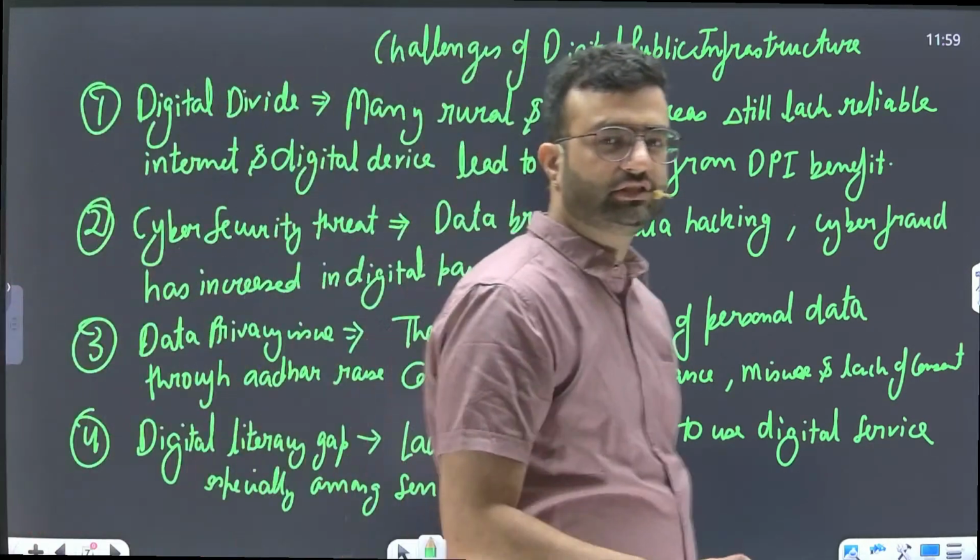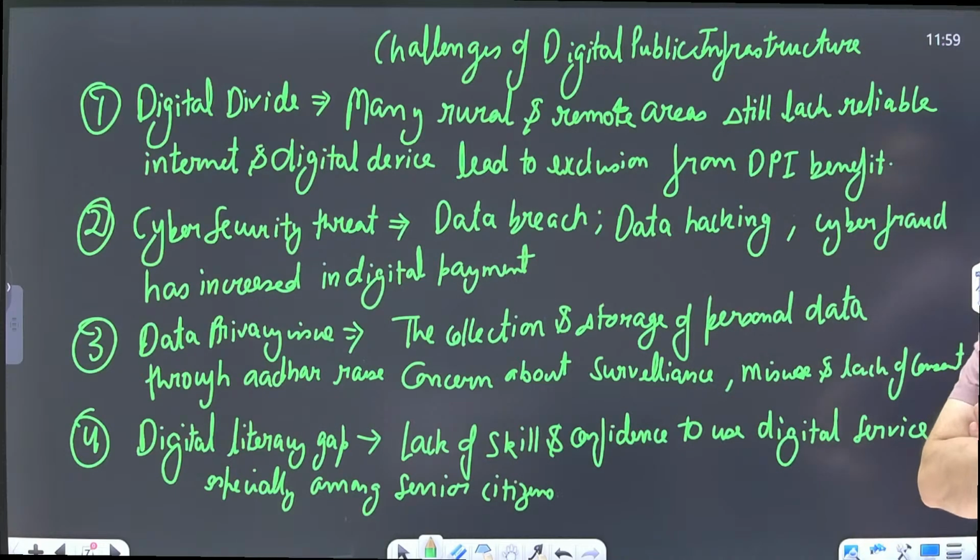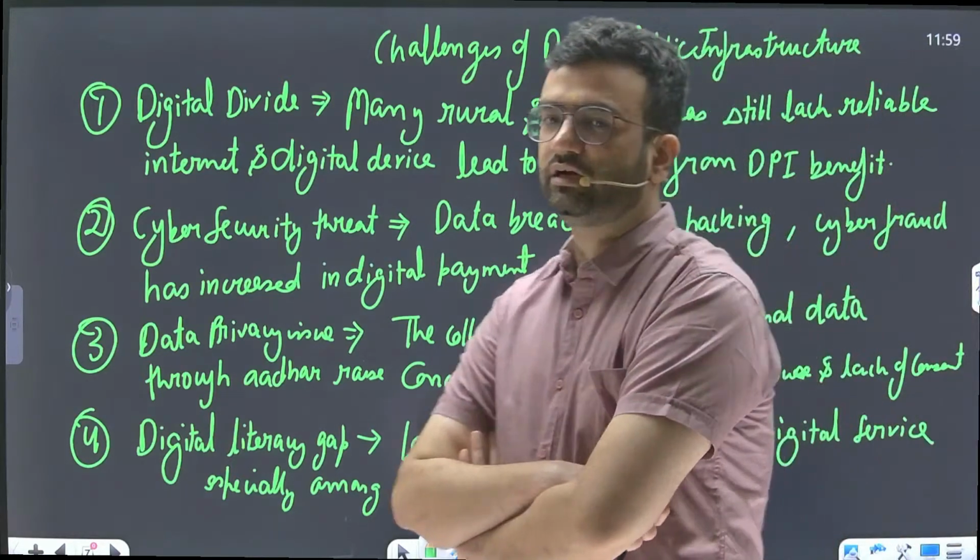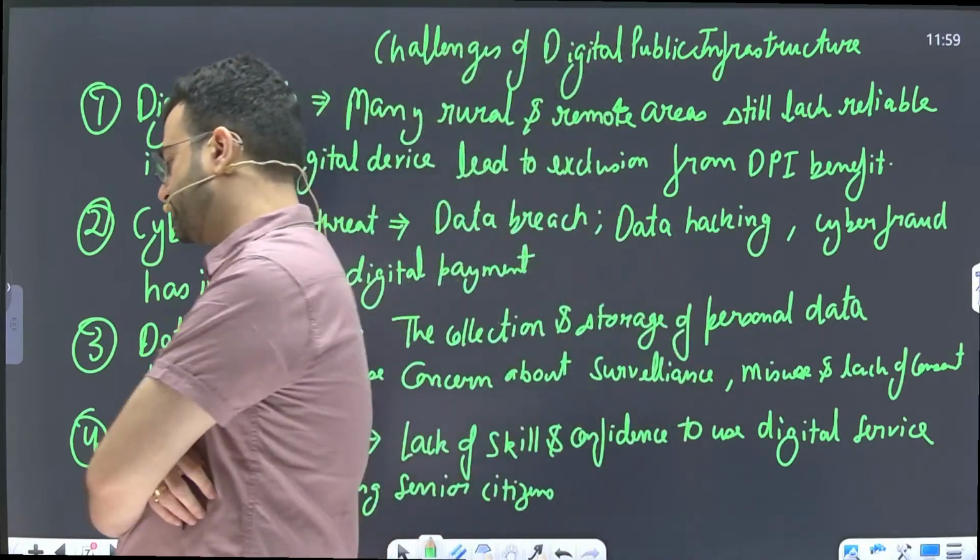See, there are a few special challenges of this digital public infrastructure. First is digital divide. Many rural and remote areas still lack reliable internet and digital devices, leading to exclusion from DPI benefits. Second, cyber security threat. Data breach, data hacking, cyber fraud has increased in digital payment. Third, data privacy issue. The collection and storage of personal data through Aadhaar raise concerns about surveillance, misuse, and lack of consent. Fourth, digital literacy gap, lack of skill and confidence to use digital services, especially among senior citizens. Senior citizens are still in a dilemma about how to use this digital public infrastructure.